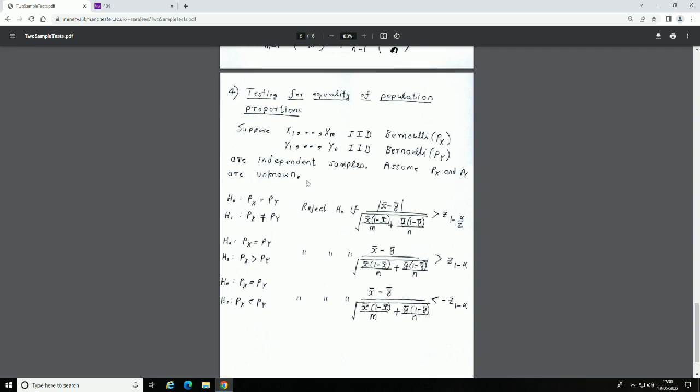You need to know how to derive it. You don't need to know two samples. We have only one sample.